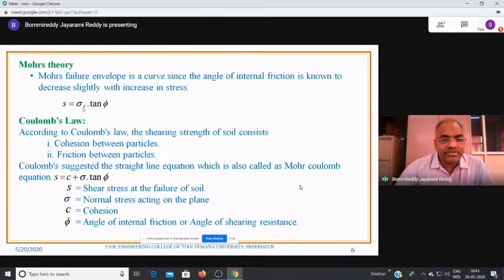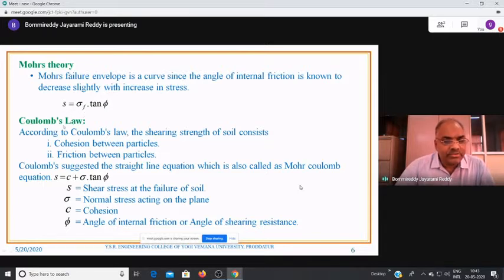Sigma f is the normal failure stress, S is the shear strength, and phi is the angle of internal friction. So it follows a straight line or approximately a curve regarding these two parameters.